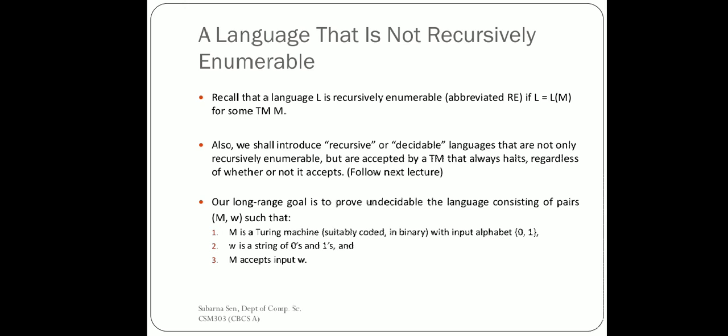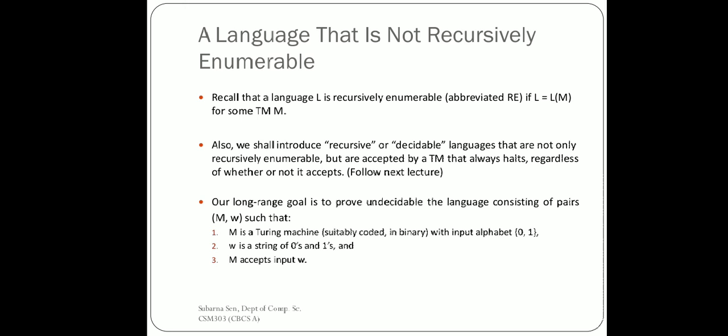For now we will learn one very important topic. Just see here, the undecidable language consists of pairs like M comma w. M is a Turing machine, and w will always be a string of zeros and ones, and M accepts w.